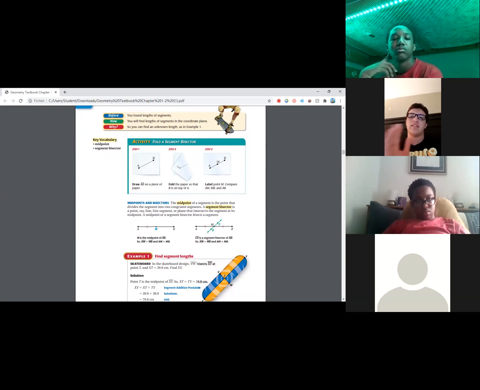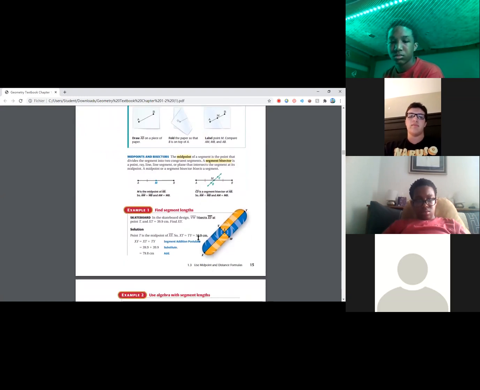Bisect means it divides it into two equal parts. And so it says VW, this line here, bisects the line XW at point T. Since you know it cuts it in two parts and it touches at point T, T must be the midpoint. Because if it's cutting it into two equal parts, T must be exactly in the middle.